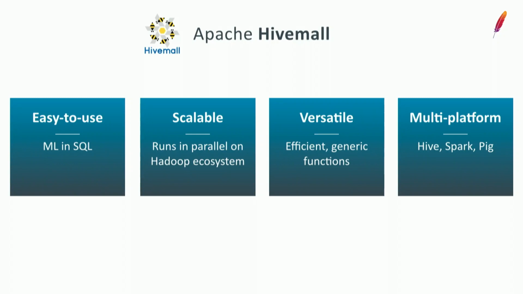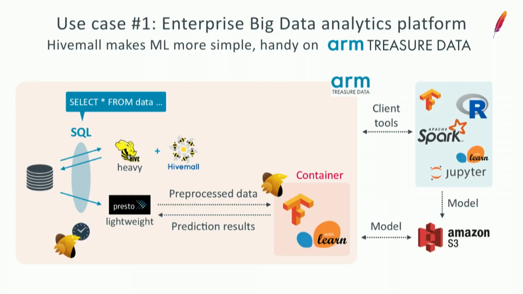First of all, let me show you some examples in the real world. This comes from my company, ARM, a chip company. Our company is actively investing in the IoT industry. On that point, data is really important, and machine learning is a crucial portion of that. For that purpose, our internal data management platform bundles Apache Hivemall.